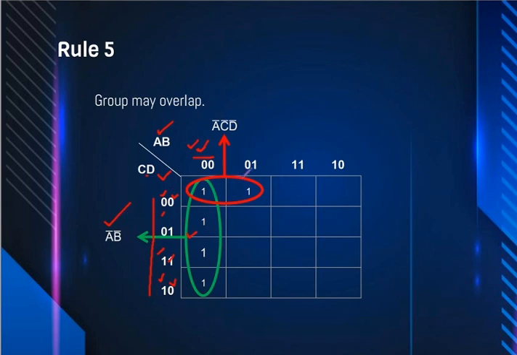Now we are taking the second group, that is this one and this one. So this group is smaller as compared to group 1. So the smaller the group is, the bigger the equation will be. So its equation should be bigger. So we'll take these 2 and this 1.